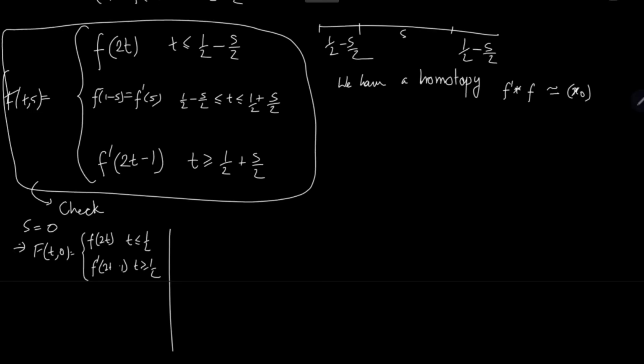And for t equal to half, this is just, let's see, f of 1 equal to f of 0 equal to x naught. Okay, so I should include this line. I should probably just include this line as well.